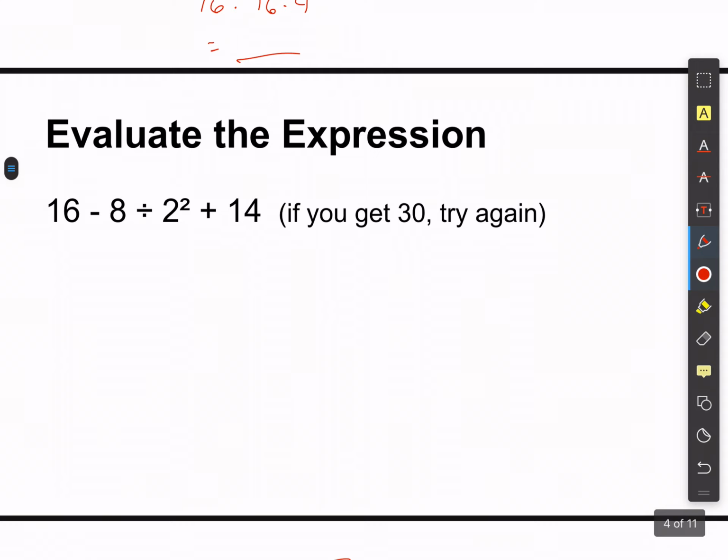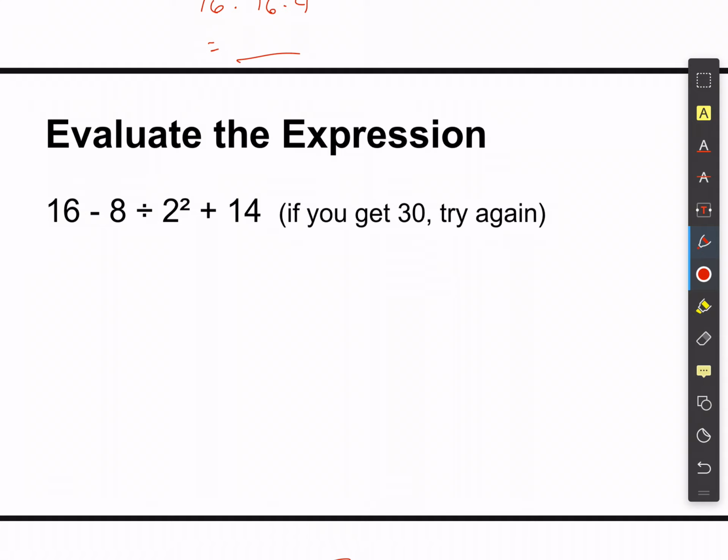To evaluate expressions, okay, it is important to remember your order of operations. If you guys are to do this right now, you'll see these often on these internet memes where it says, like, 90% of people will answer this question wrong, and it looks very simple, something like this.